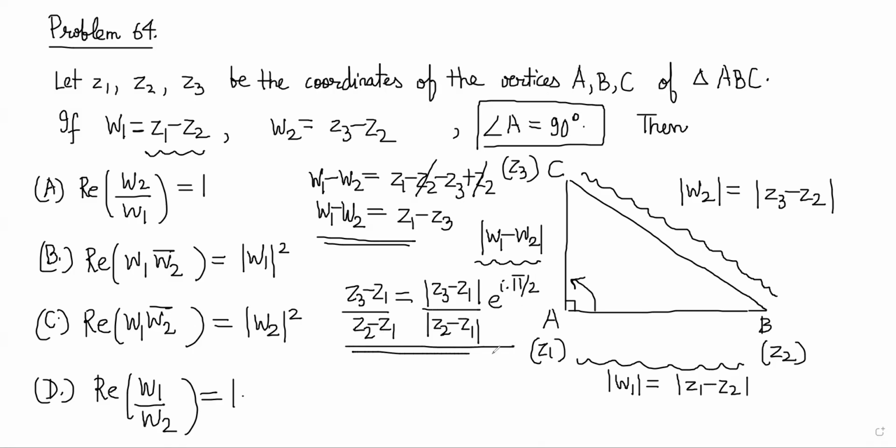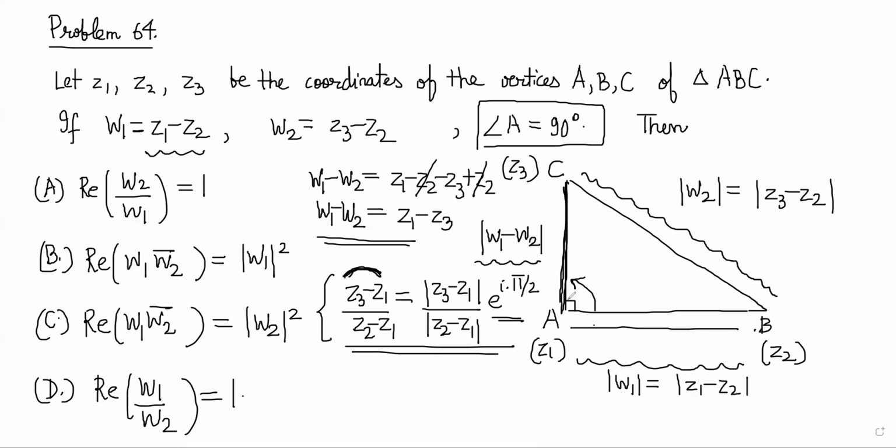This is the rotation theorem applied to this angle. Always when you do rotation theorem, you have to write the more anti-clockwise side first. So notice that this side AC is in the more anti-clockwise sense, right? So I'm writing Z3 minus Z1 first and dividing it by Z2 minus Z1, which is the less anti-clockwise side. And that is equal to this, right? This complex number has that modulus, and the argument of this complex number is pi by 2.